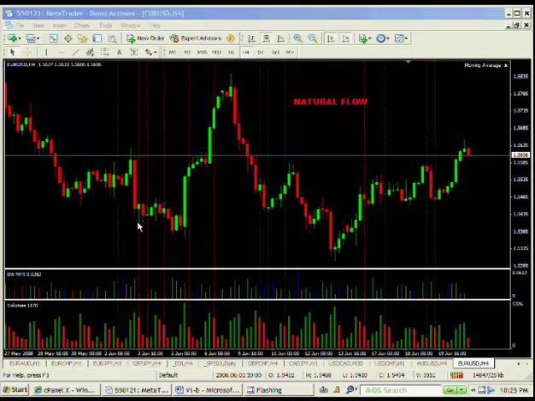Here we have an up bar. The natural inclination of the market is to rise. So when you see that red bar and the market is rising, it's going to rise until something stops it. It's going to have to hit resistance on the way up to stop it, or we're going to have some type of operator intervention to change the direction.